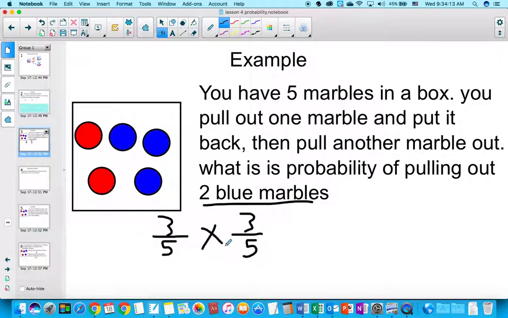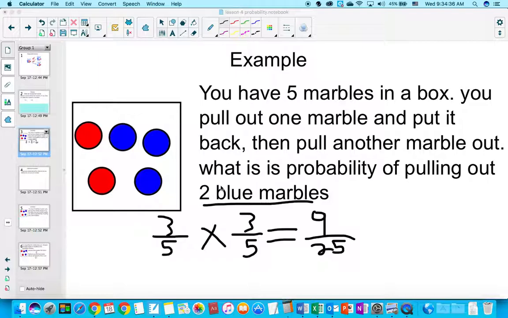And so from our previous lesson, we know if we have 2 events and we're trying to find the probability of both of them happening, you just multiply the fractions. And you multiply fractions by just multiplying the tops, so 3 times 3 is 9, and then multiplying the bottoms, 25. And there's your probability of a 9 in 25 chance.